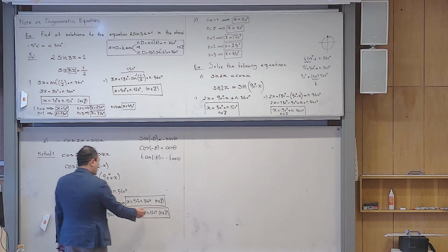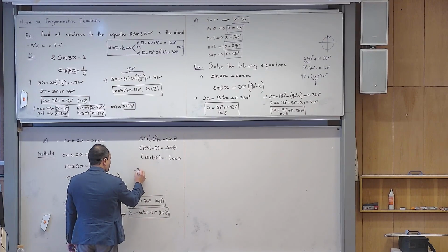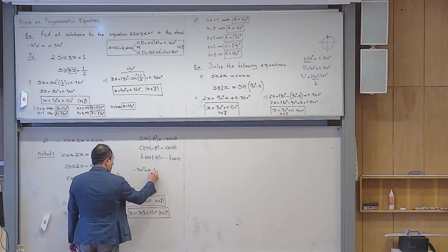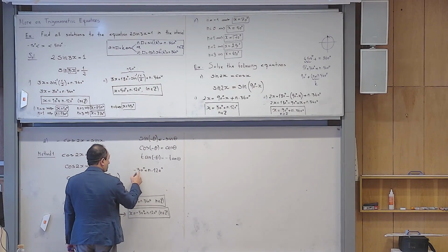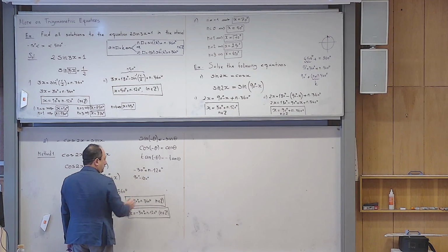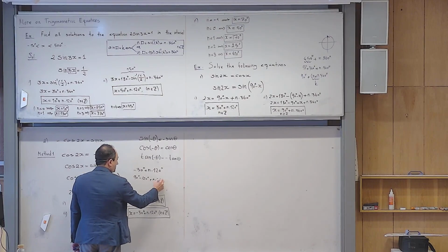Of course, so what you are saying in principle, if you have minus 30 degrees plus n times 120 degrees, you can write it as 90 degrees minus 120 degrees, and then plus n times 120 degrees.